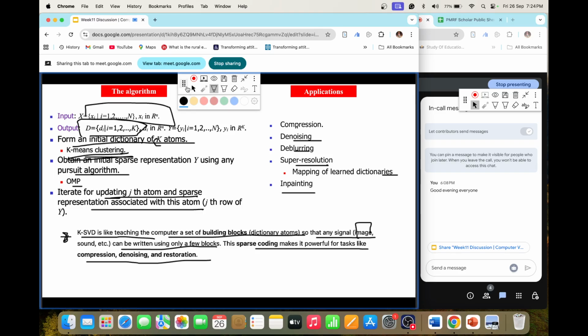Again I am repeating how this works. First it forms an initial dictionary by k-means clustering. Then, in that given dictionary, to select the best possible atoms, it performs the matching pursuit algorithm. Then it iterates the dictionary again, and by the matching pursuit algorithm it gets the best possible atoms.